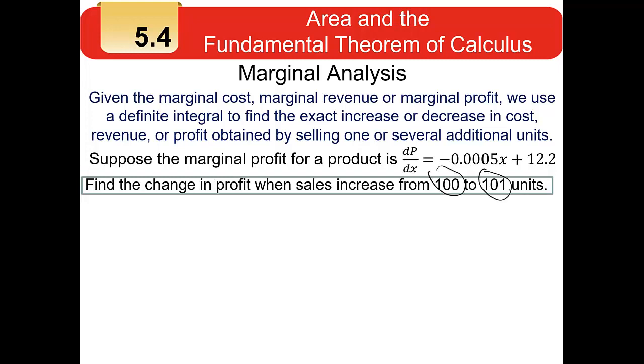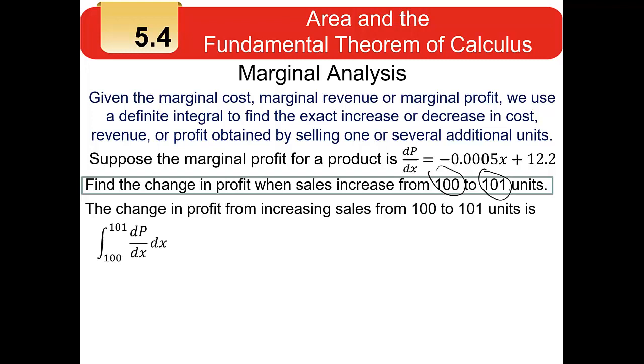So if you're going back and you want to find the change in profit over a certain interval, and you're given the rate of change function for either profit, revenue, cost, whatever it is, all you do is take the function you were given that represents, in this case, the change in profit, and you integrate it over the units that you're interested in, in this case 100 and 101. It becomes a definite integral.